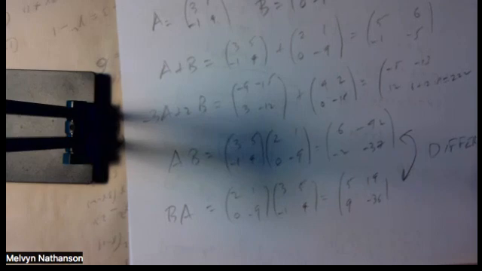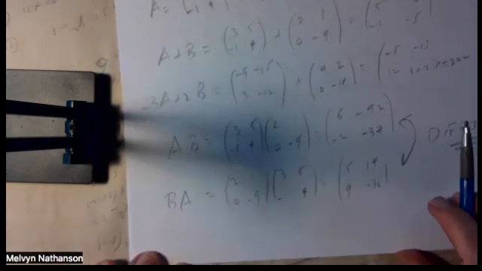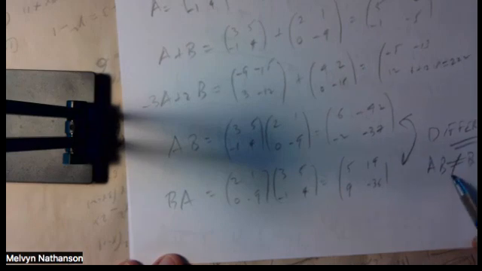And if you compare these, you see they're different. Which tells us a very important thing about matrix multiplication. If you have AB and BA, they're not necessarily equal. In this case, they're different.